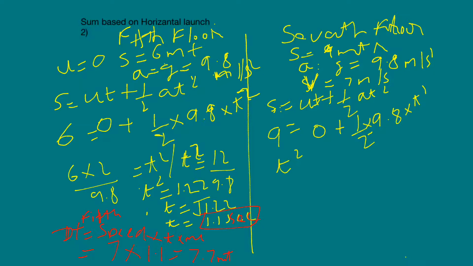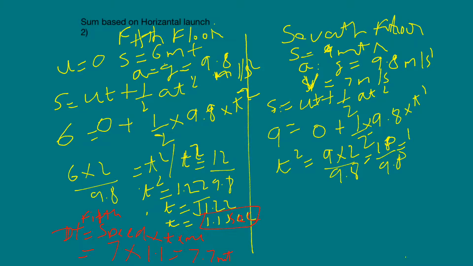So t square equals 9 into 2 divided by 9.8, that is 18 divided by 9.8. Nine twos are 18, so 18 by 9.8. I will solve on my calculator. Here it is coming 1.84.